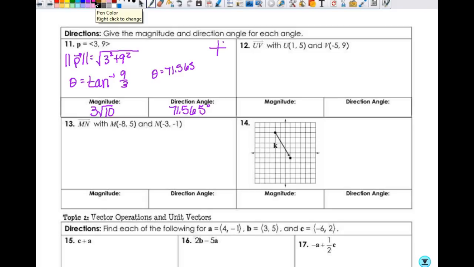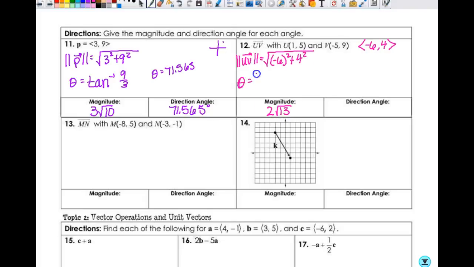All right, number 12. The first thing I have to do is put this in component form. The order matters here; some of you did these backwards on your vectors quizzes. This is UV, so it has to be V minus U. So negative 5 minus 1 is negative 6. 9 minus 5 is a positive 4. So the magnitude of UV is equal to the square root of negative 6 squared plus 4 squared. That's 2 square root of 13.